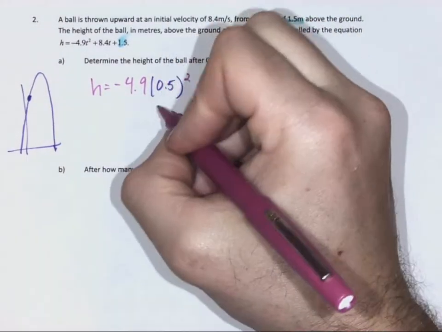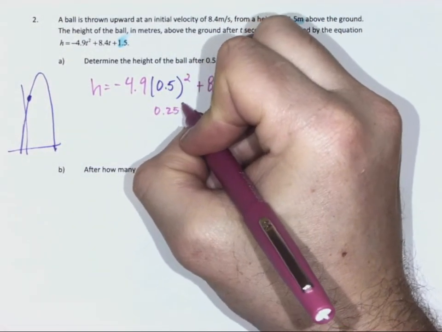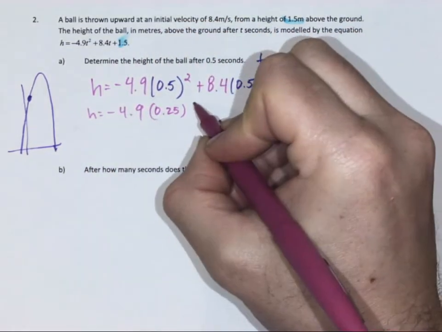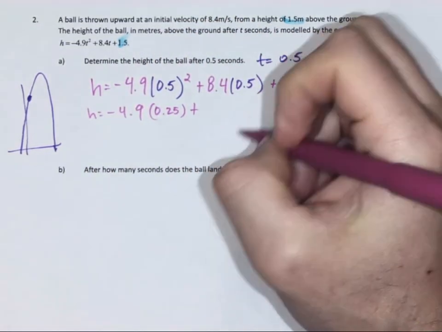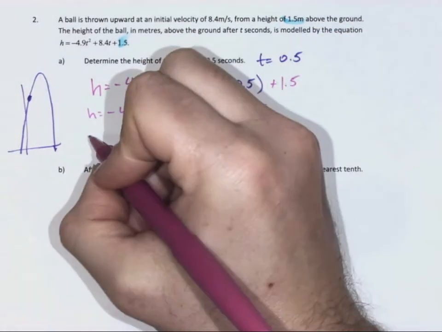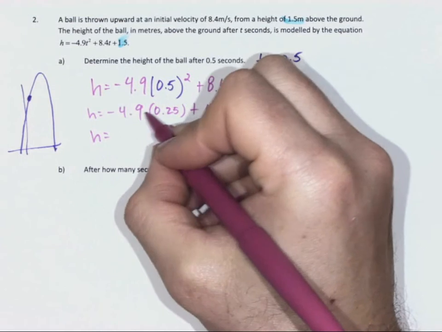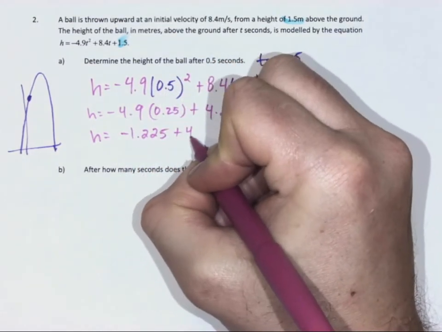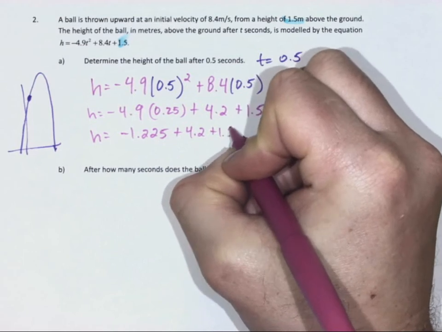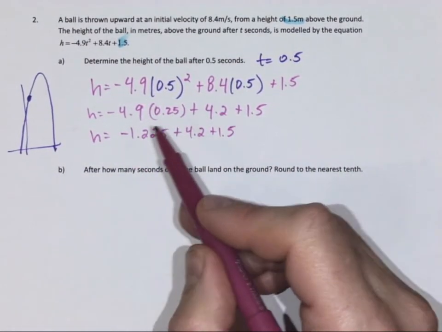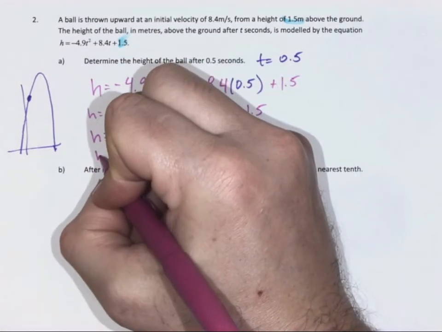0.5 squared, 0.4 times 0.5. I only have addition and subtraction left, so I can add all my terms.